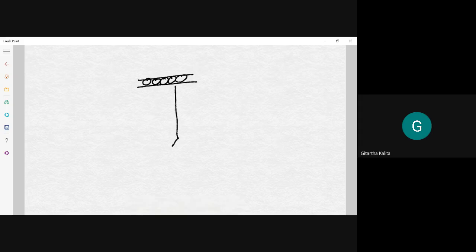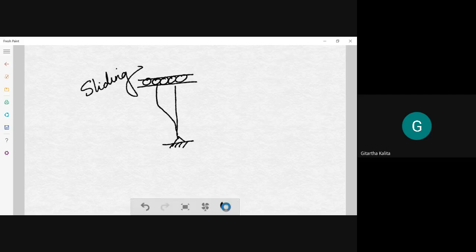And another end is like this. So this part is actually a sliding support. This is sliding. In number 4 also it is sliding.